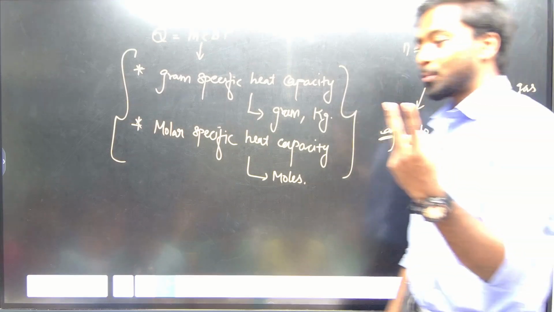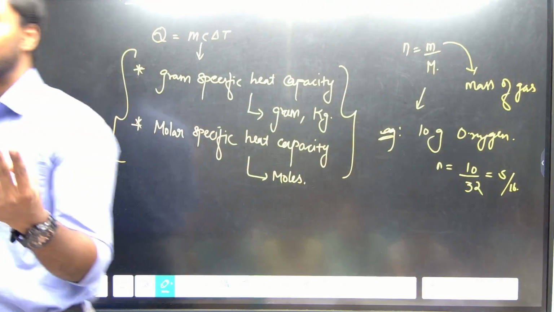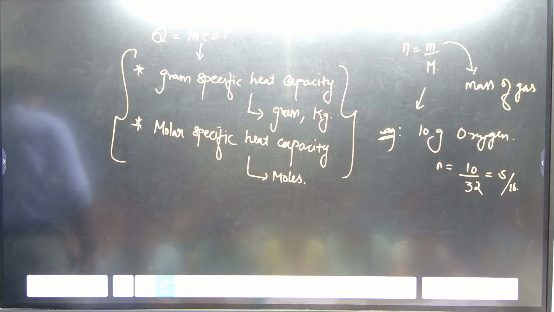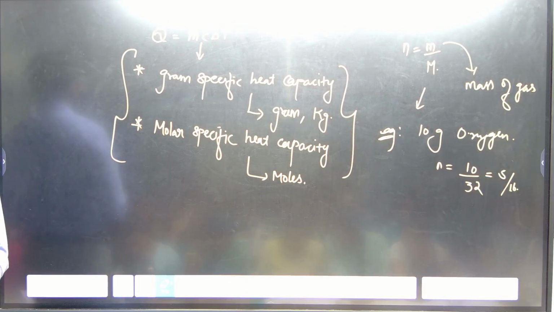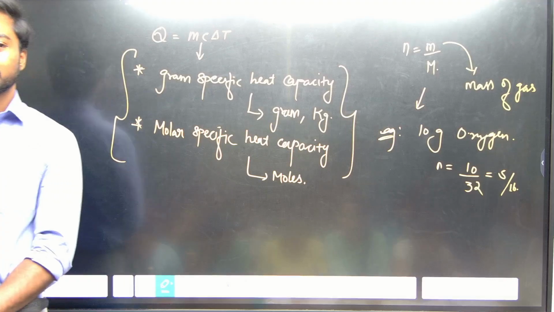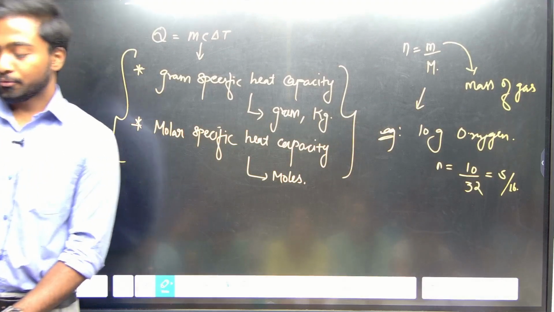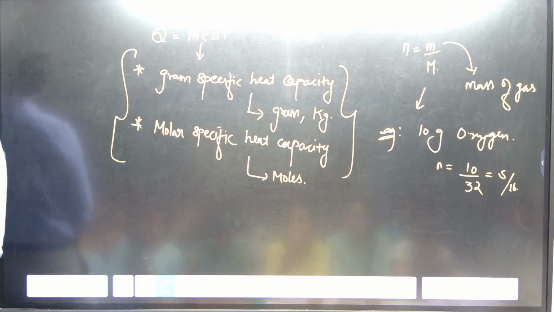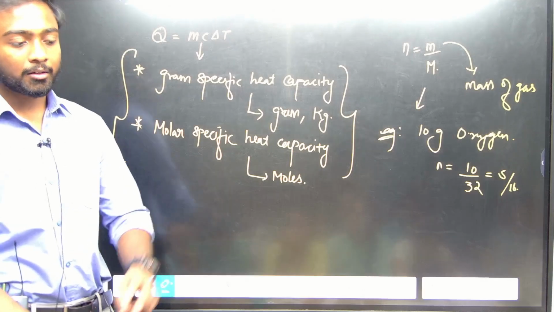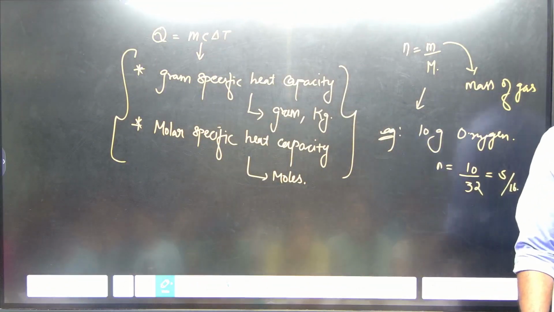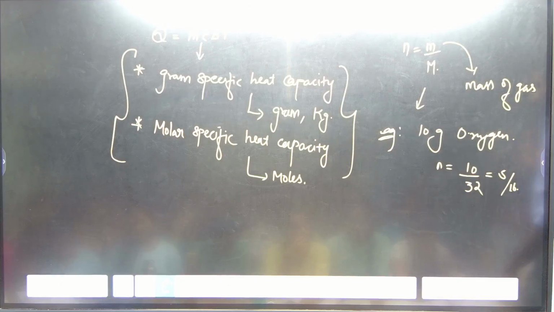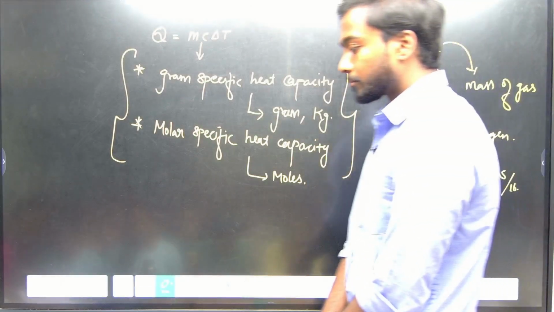One is pressure and one is volume, right? If constant pressure is there, work done will be 0. If constant volume is there, okay. Similarly, the two terms which will be involved in this heat energy also are constant pressure and constant volume.